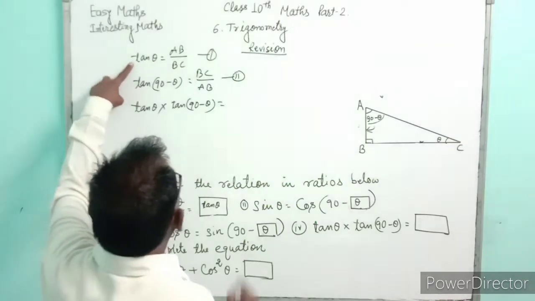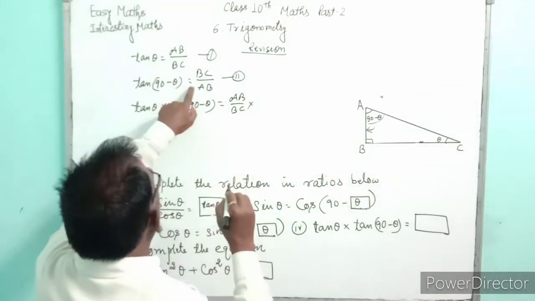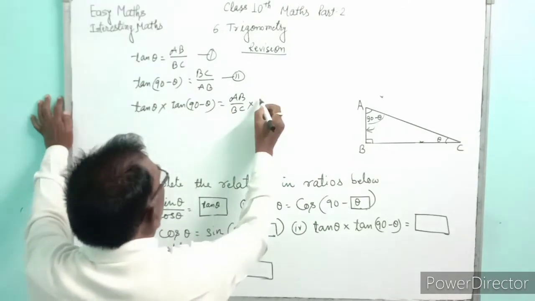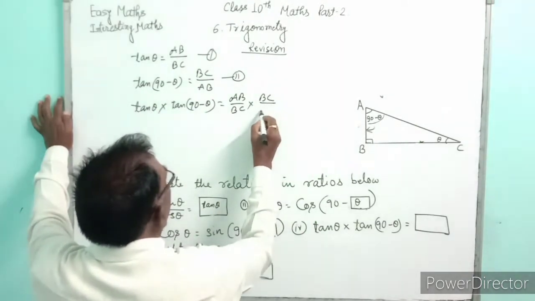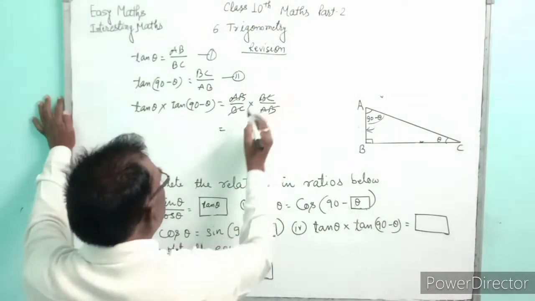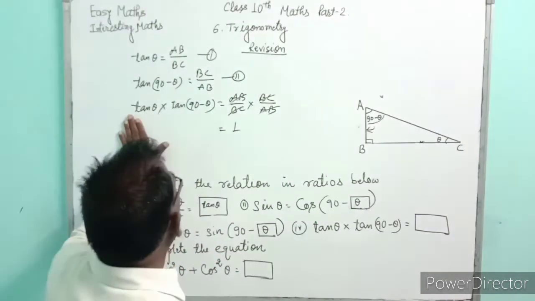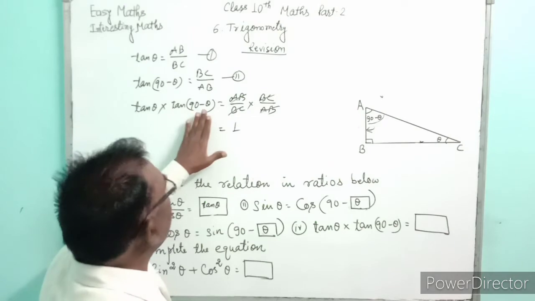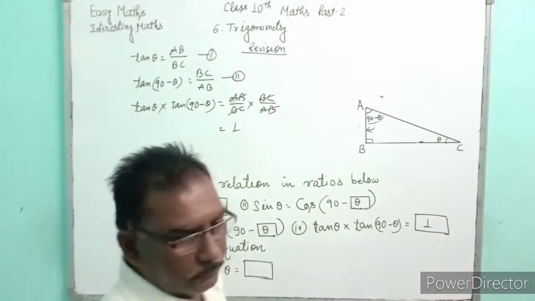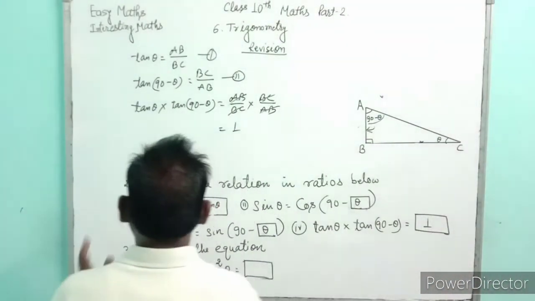The ratio of tan theta is AB upon BC into, and the ratio of tan 90 minus theta is BC by AB. Now AB cancels, BC cancels, therefore the product of tan theta and tan 90 minus theta is equal to 1. Okay. So in this way we have completed question number 2.